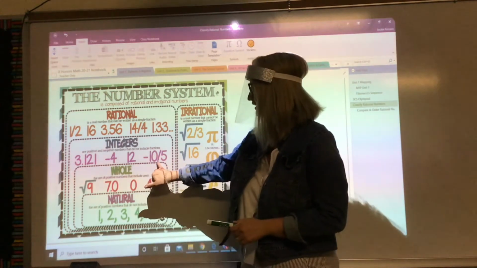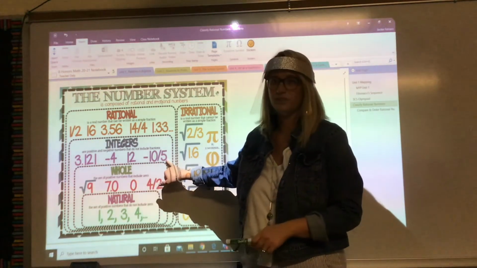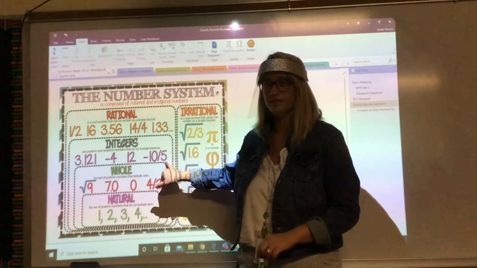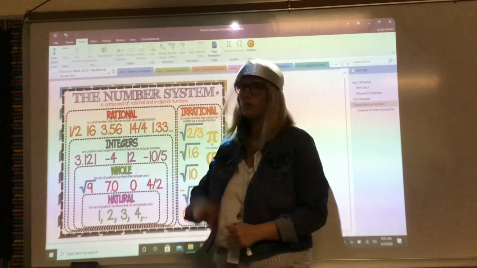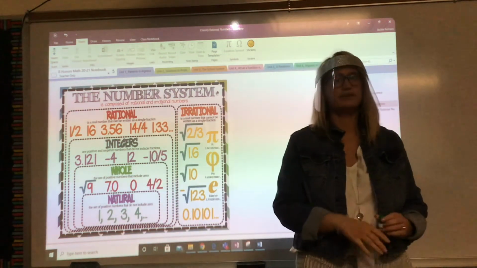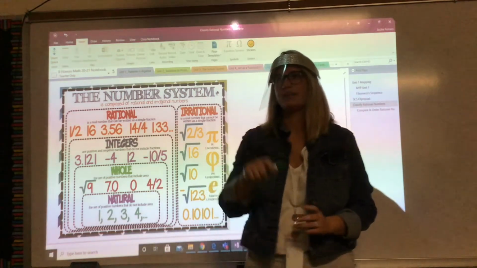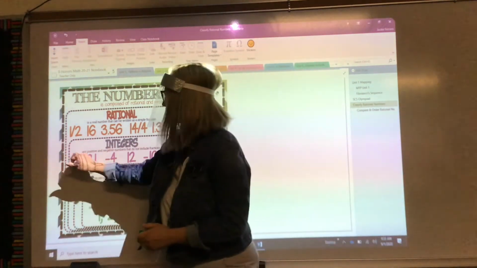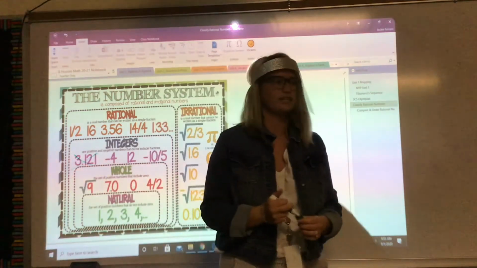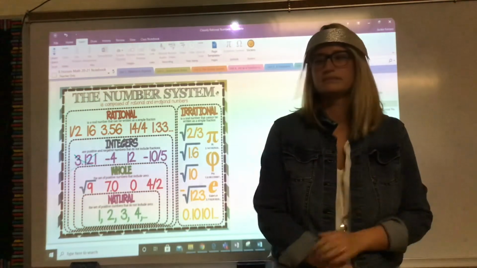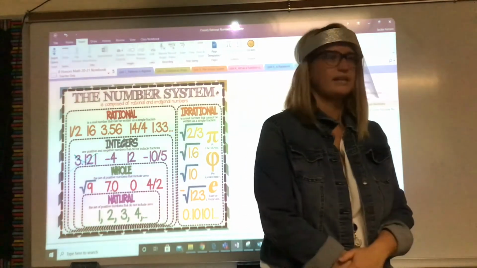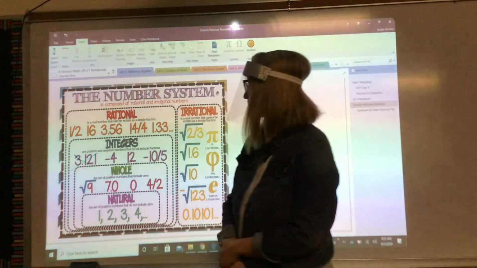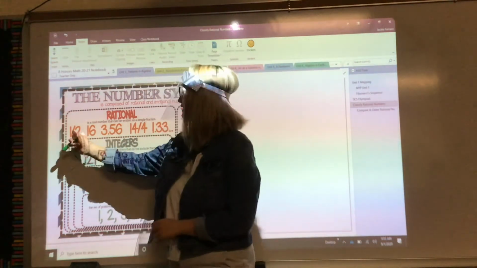Negative 10 divided by 5 is negative 2, and negative 2 is an integer. It's all of the whole numbers and their opposites, so negative 2 on a number line would be an integer. Matthew? Is it 3.121? Yes, cross this one out. That is not an integer, that's a decimal.